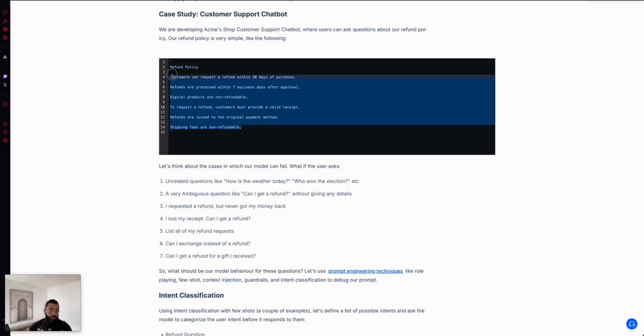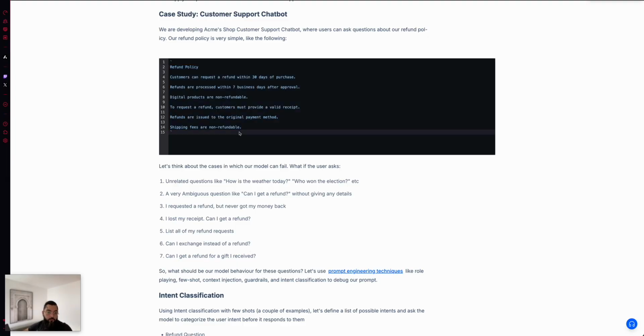They are not explained in our policy, and the LLM's job is to generate text, so it's going to generate something to answer these questions. So to prevent these bugs that can happen in our AI application, and this is for the chatbot case in our case study, we can use two important and advanced techniques.